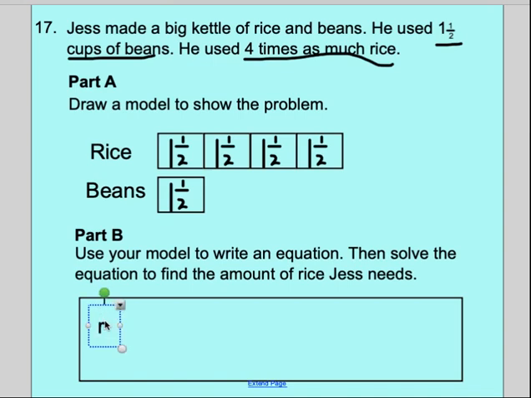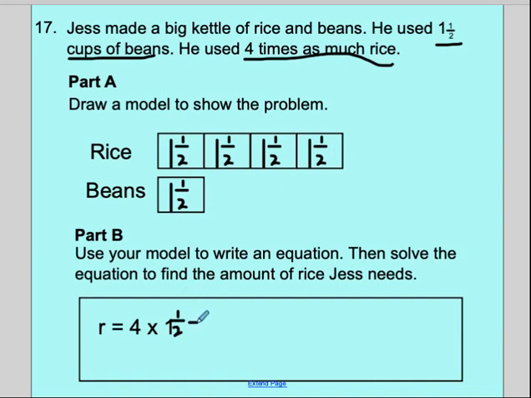So the amount of rice would be 4 times 1 and 1/2. And you can actually see the 1 and 1/2 is written out 4 times, right? 1 and 1/2. So it's important to make these visual connections, right? It's very helpful as we're thinking about math.